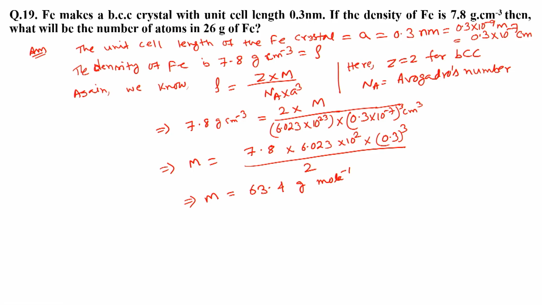Now we need to calculate the number of atoms in 26 gram of Fe. Again, 63.4 gram of Fe contains Avogadro's number, 6.023 times 10 to the 23 number of Fe atoms.